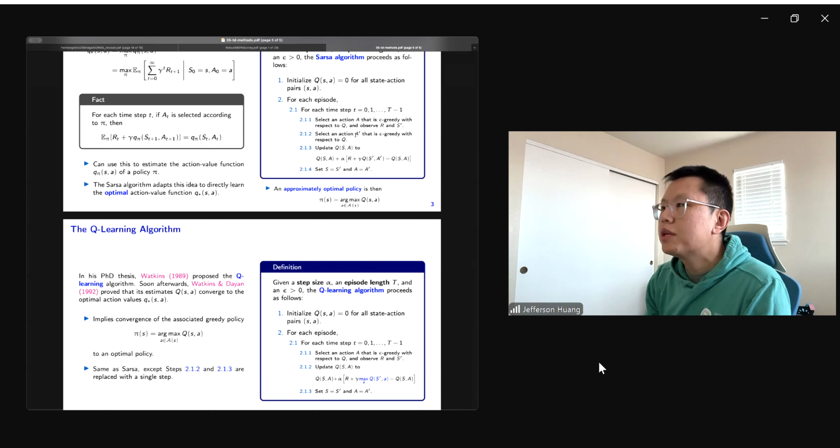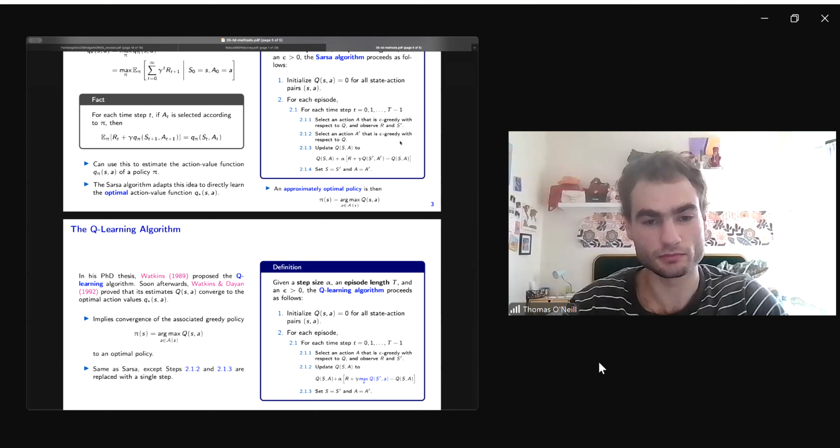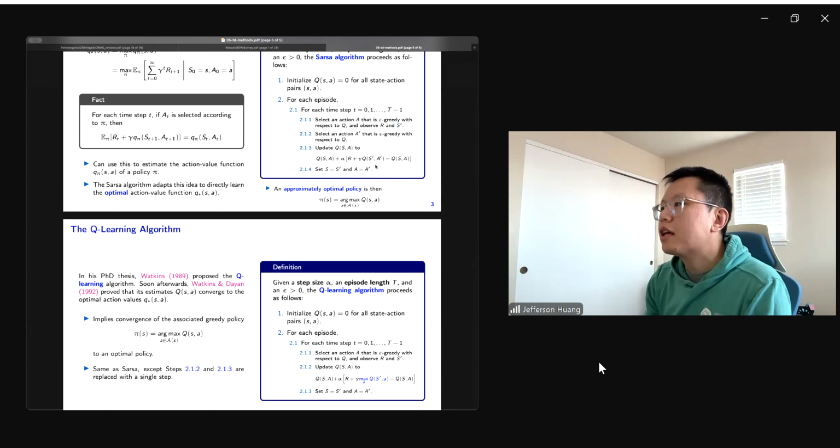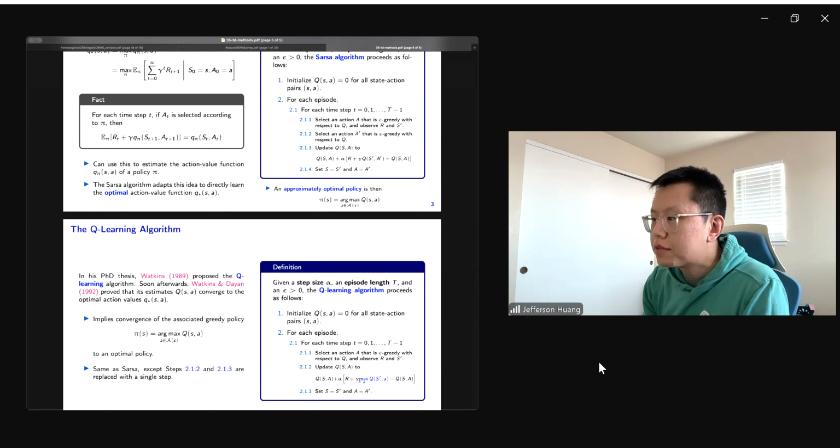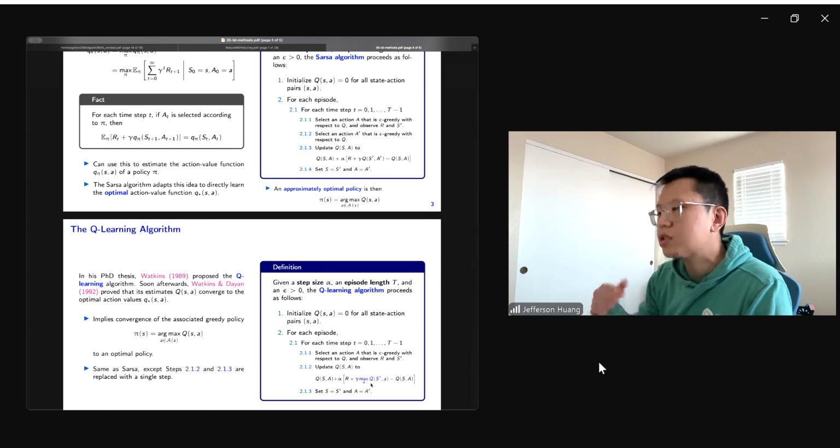Instead of selecting an epsilon greedy action with respect to our next state and using that action here, the thing in the target is this: from our next state, we just do an argmax, a maximization. We don't do another epsilon greedy here. So it's, in a sense, always greedy.